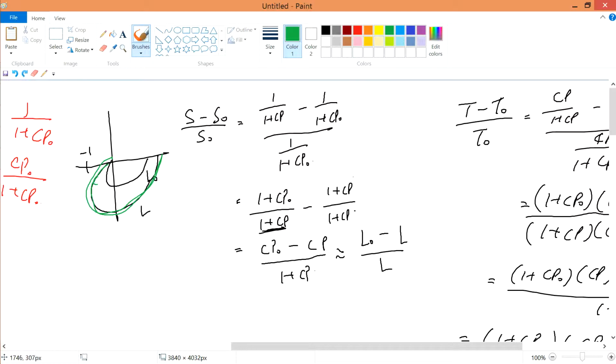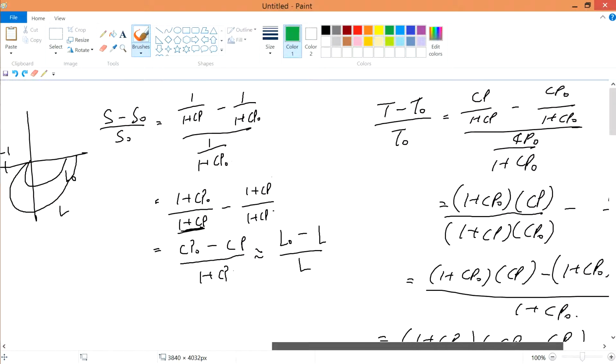If it's larger, you have a larger number here, because L naught minus L will be a big number. It's just a representation of their relation.